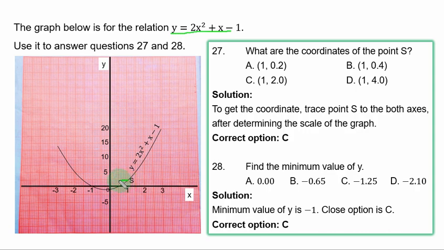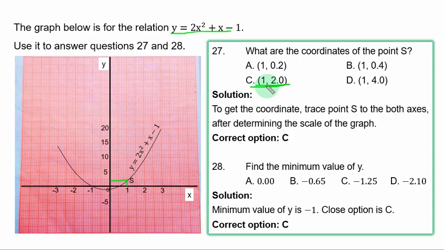You trace to this point, that is 2, because 2 lines will give you 1, and you have 4 lines from origin. So you have 2, and when you trace to the S axis, you have 1. So when S is 1, Y is equal to 2. That is option C.